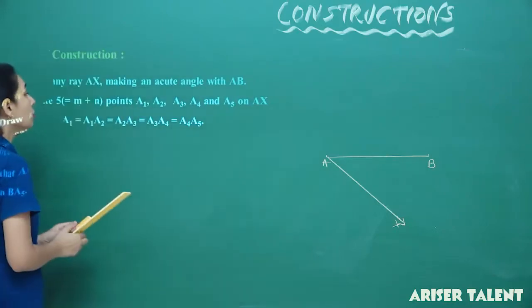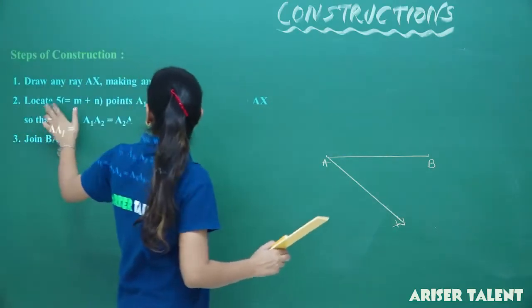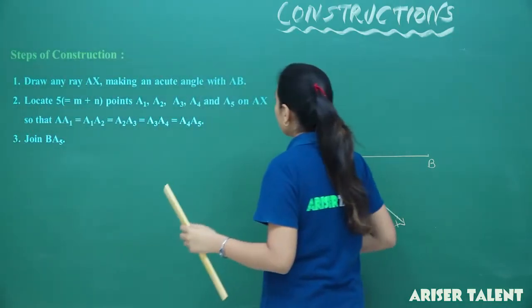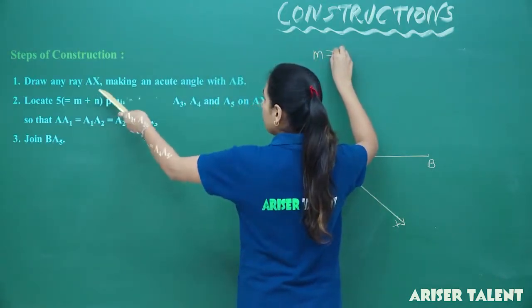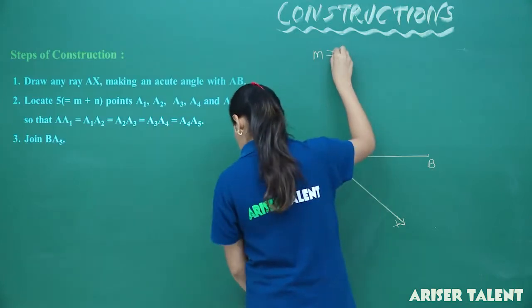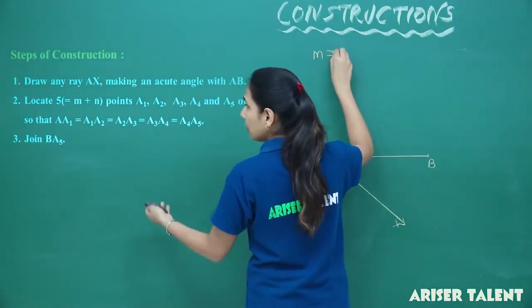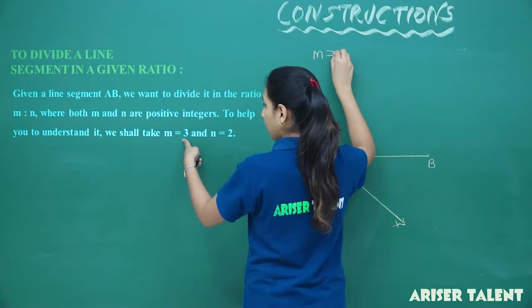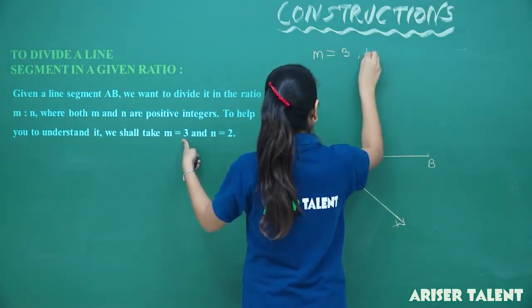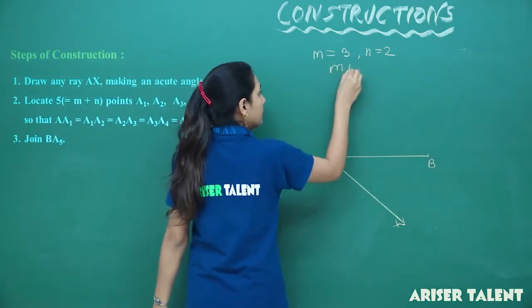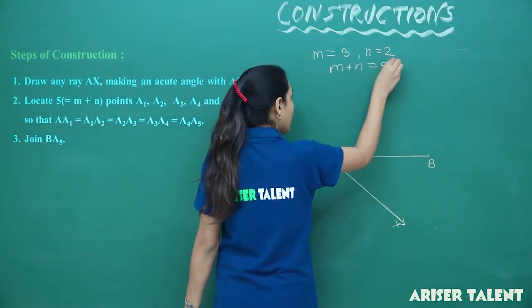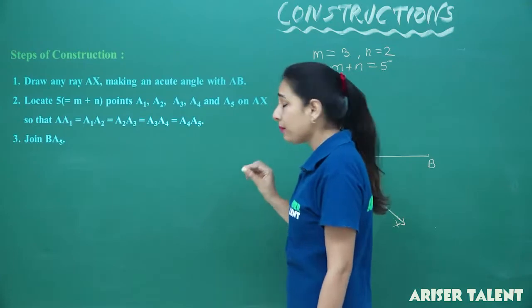Okay, so now locate 5. Now why 5? Because I have taken M equals to, in that, I guess 3 and N equals 2. So students, M plus N equals 5.